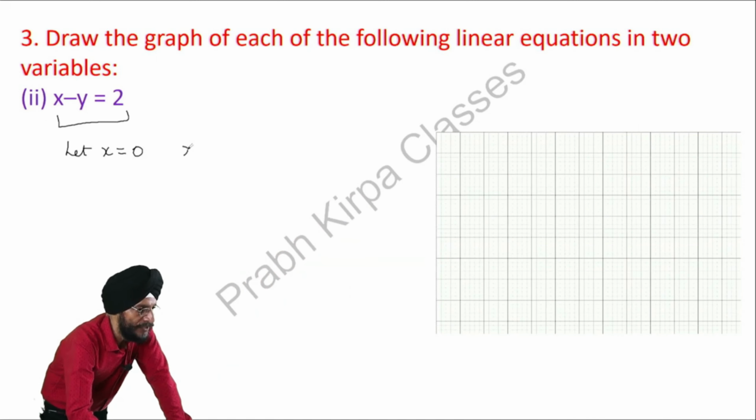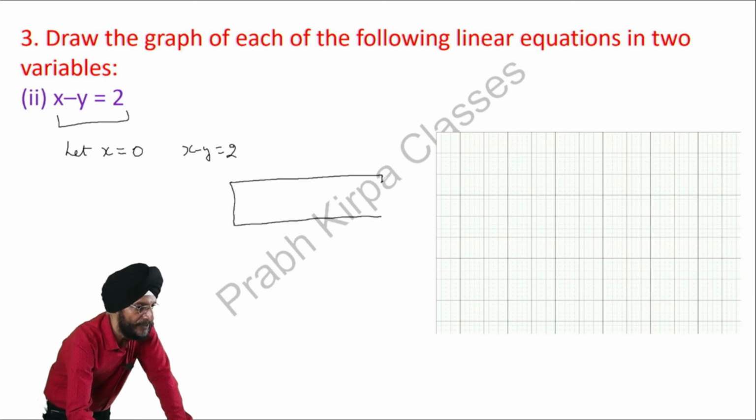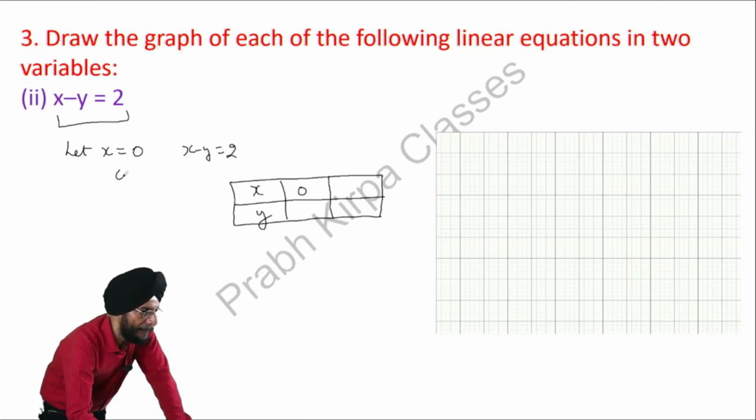The equation given is x minus y is equal to 2. In the same way, we will form a small table where we will write the values of x and y which we will be calculating. X is 0, then what will happen? We will put the values here.